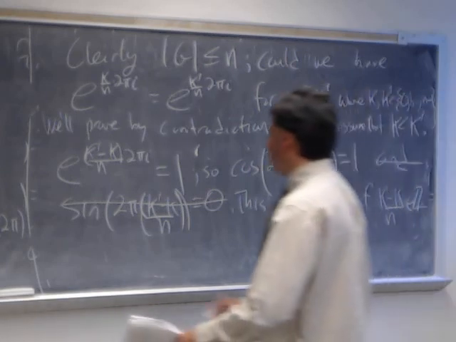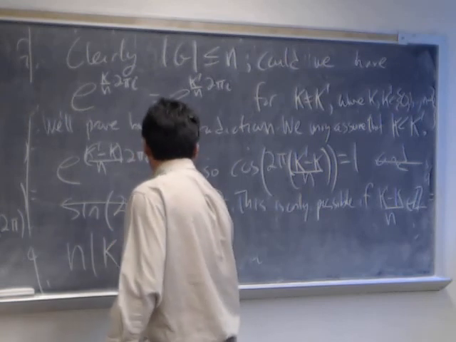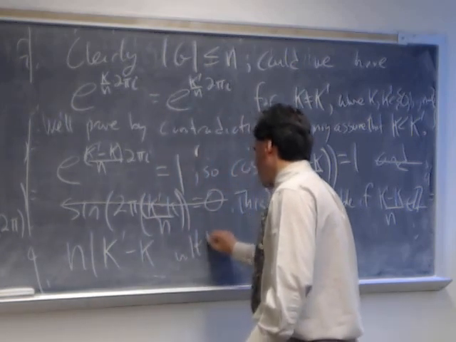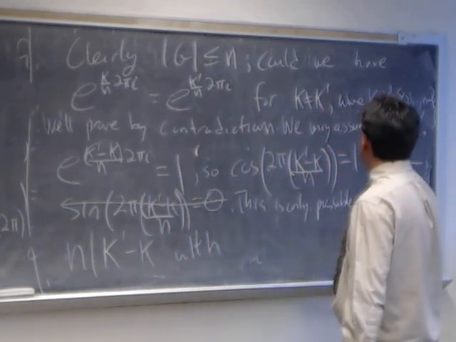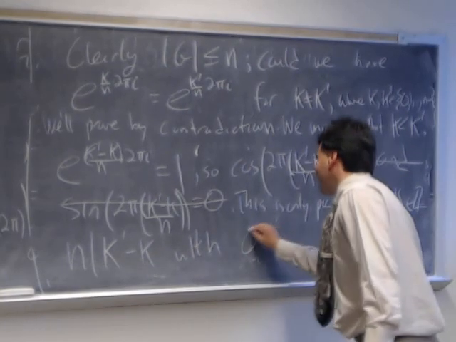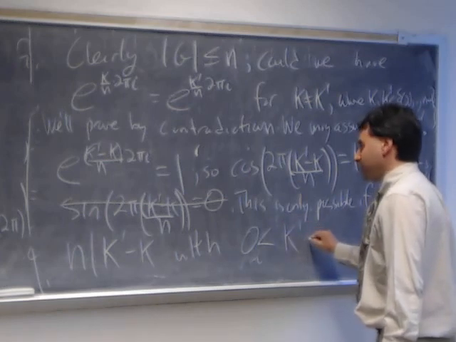So what does that mean? That means that n divides this integer. Well, we assumed that K prime is greater than K, so K prime minus K is strictly greater than 0.